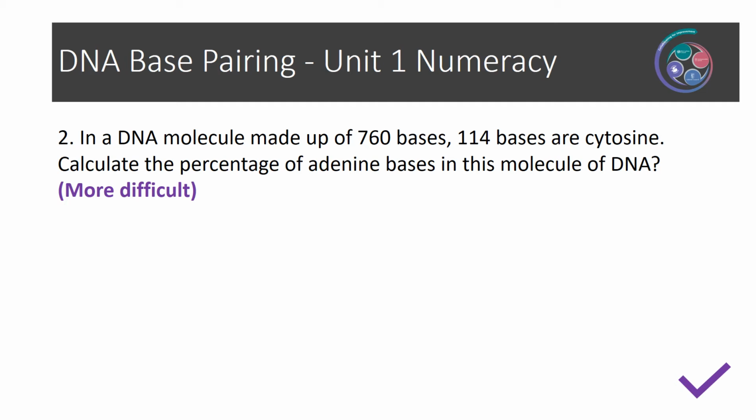Again, this is slightly more difficult and will make you do further calculations. The first thing we do is highlight any key information in the question. So we know there are 760 bases in total, and 114 of these bases are cytosine. But we want to work out the percentage of adenine. So let's write down some working.